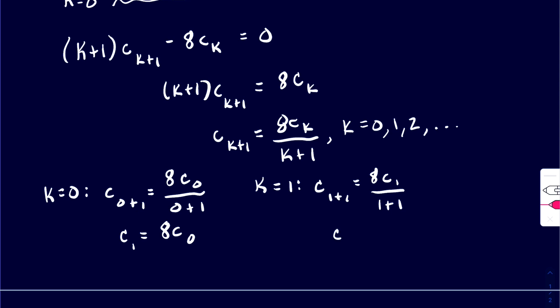And so c2 is equal to 8c1 over 2. But we can write c1 in terms of c0, right? So c2 is going to be 8 times 8c0 over 2.